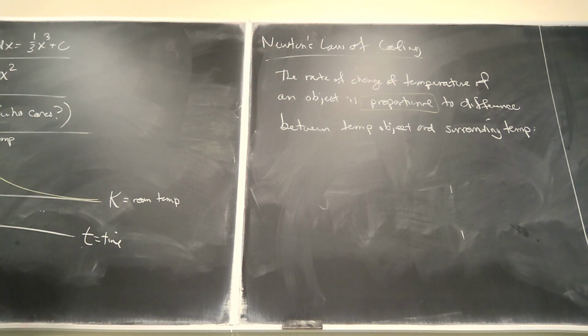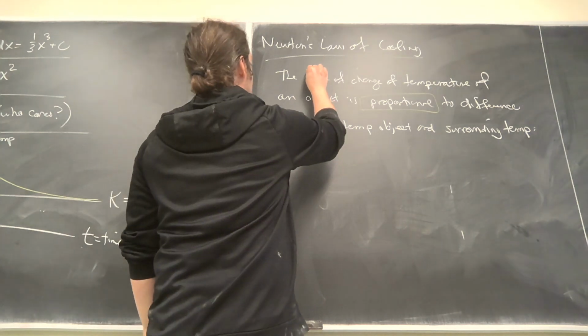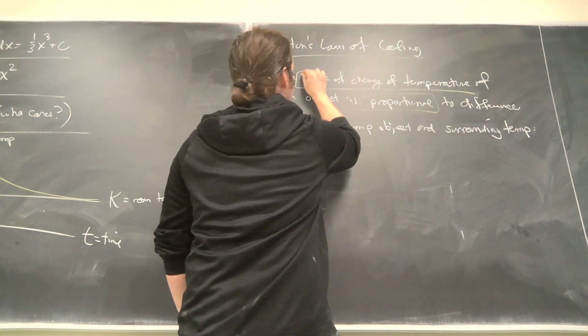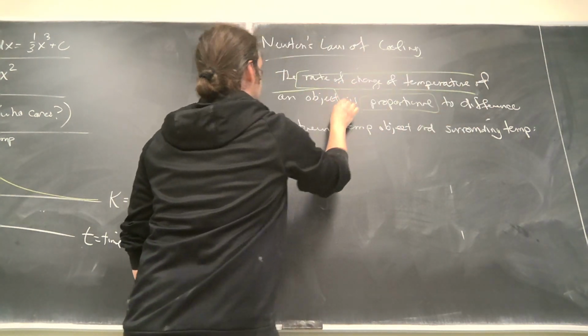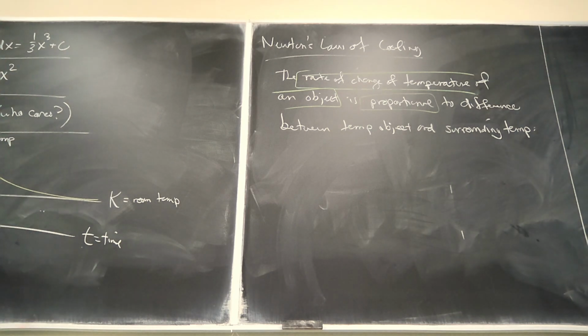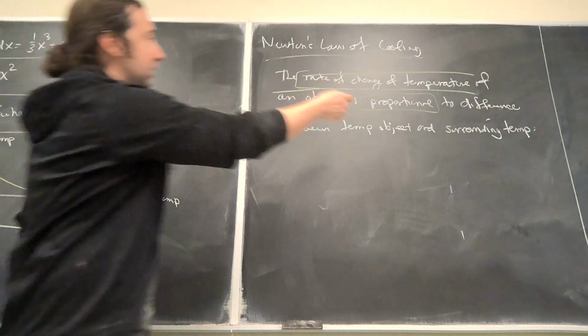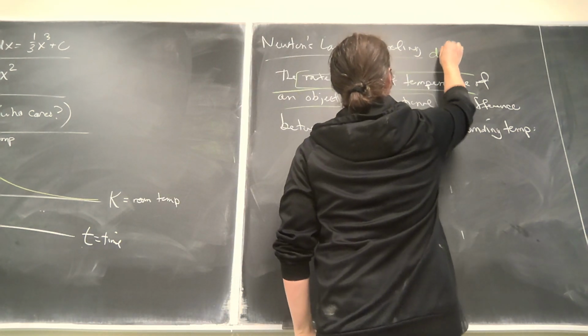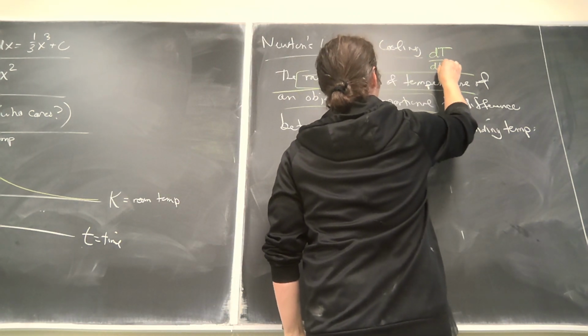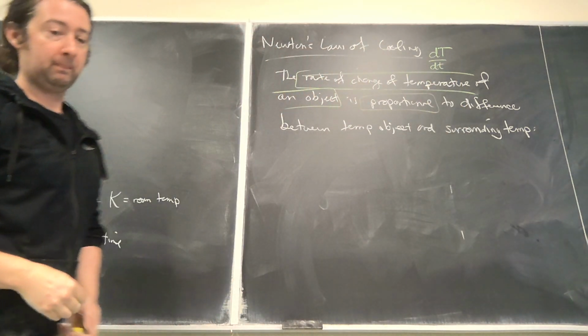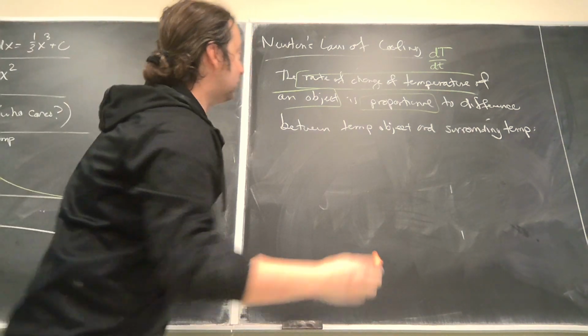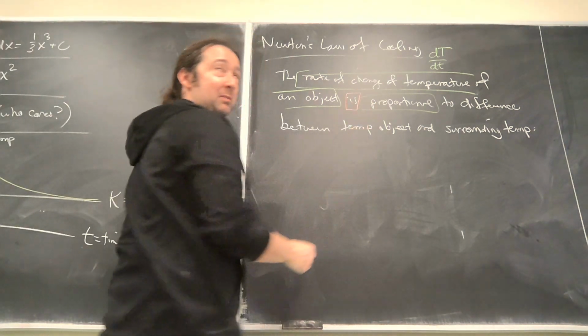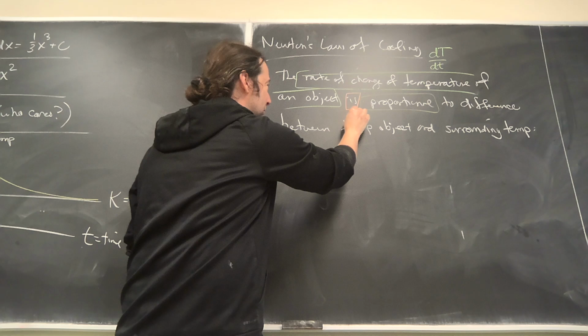So what I'm going to do is I'm going to take this statement and I'm going to translate it into math. The rate of change of the temperature of an object, oh, I have a name for that. The temperature of the object, that was T. So the rate of change of the temperature of an object, that's the derivative of temperature with respect to time. This is right here. If you remember back to 6th grade or whatever, that's an equal sign.